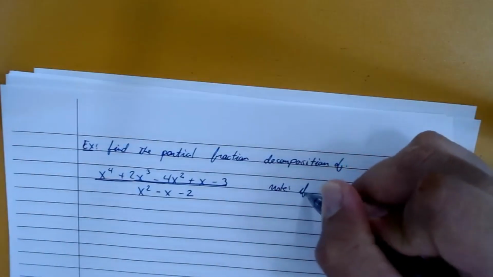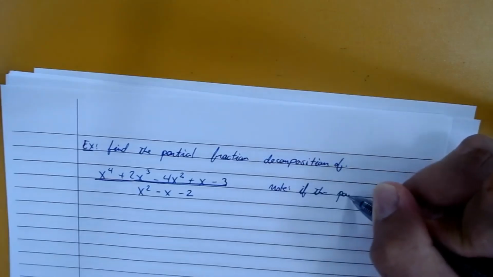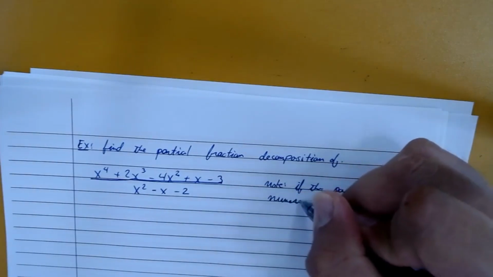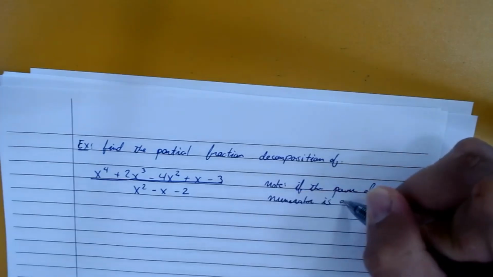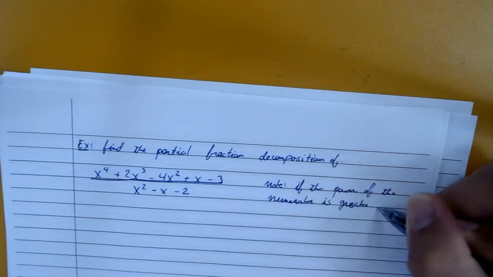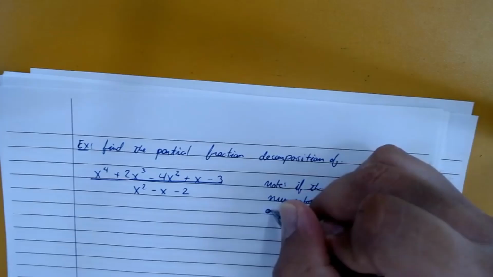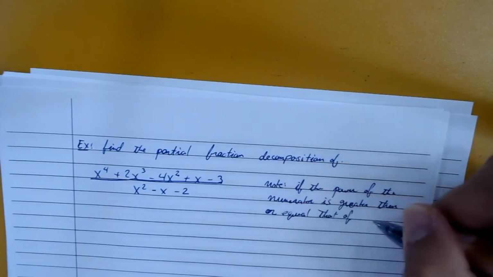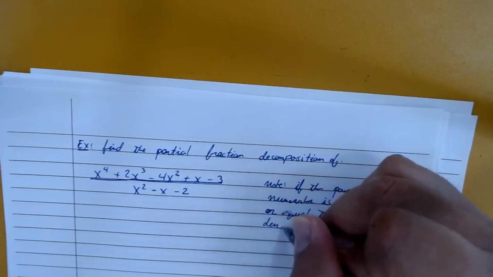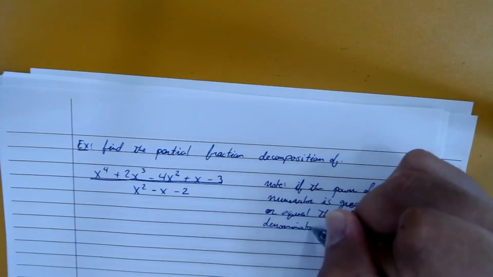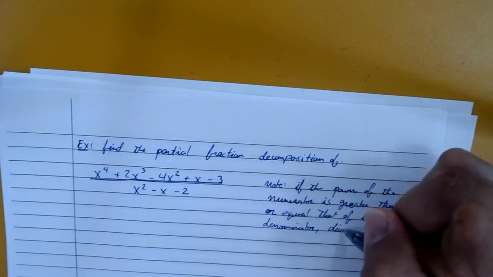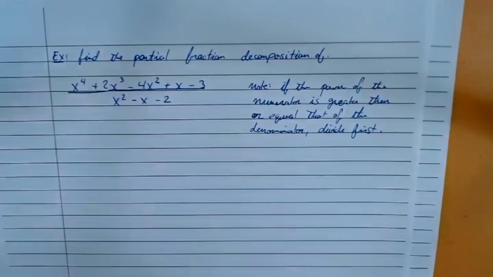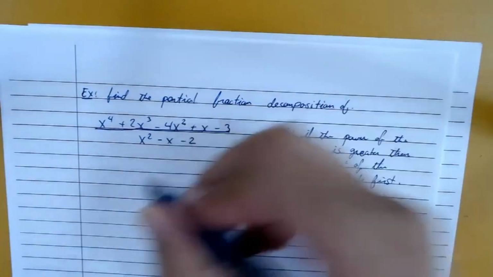Note, if the power of the numerator is greater than or equal to that of the denominator, divide first. So here we're going to just divide. We're not even going to worry about partial fraction decomposition just yet.